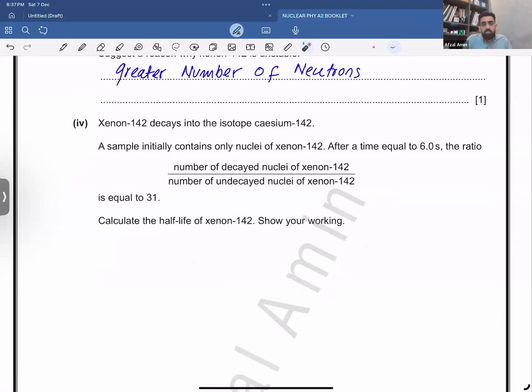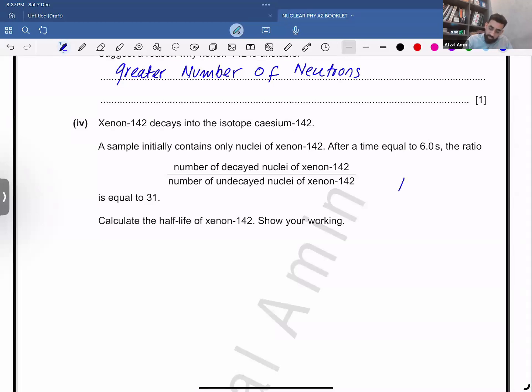Now, what does that mean? The ratio is decayed to undecayed. Decayed means those that are gone. Undecayed means those which are still present.